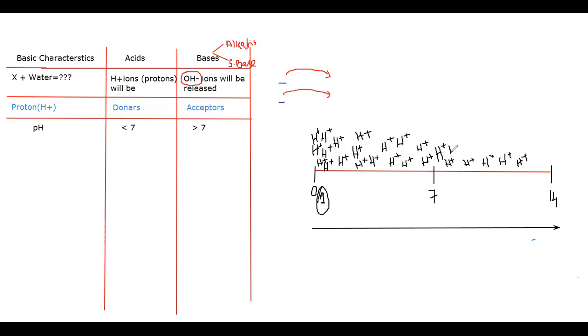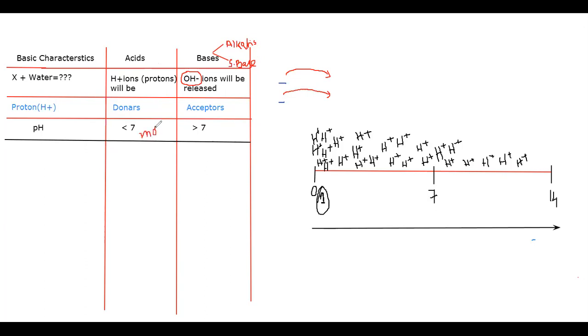So acids are the substances that have more hydrogen ion. That's why their pH is less than 7. Okay, now you are getting the point. On the basis of pH, if the pH is less than 7, it means more hydrogen ion are there.